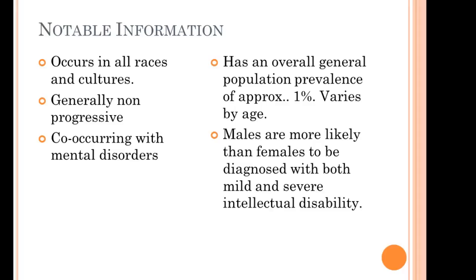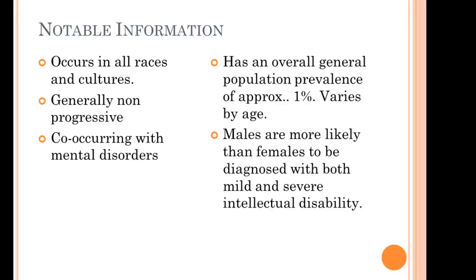Some noteworthy information about intellectual disability is that it occurs in all races and cultures. This disability is generally non-progressive, but it is a chronic condition. It is a chronic disorder, so a person will never be cured from an intellectual disability.